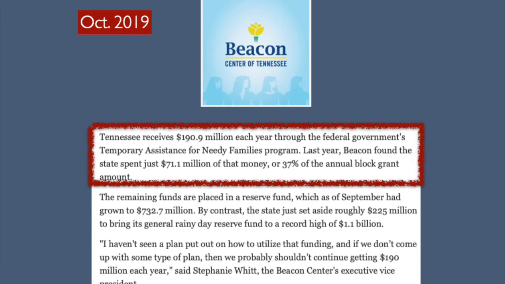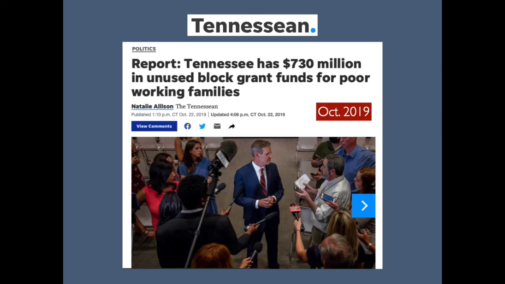And they go on to say that the remaining funds are placed in a reserve fund, which as of September had grown to $732.7 million. The Tennessean newspaper picked up on this in this Beacon report that Tennessee had $730 million in unused block grant funds for poor working families.